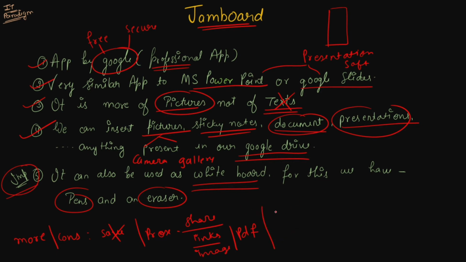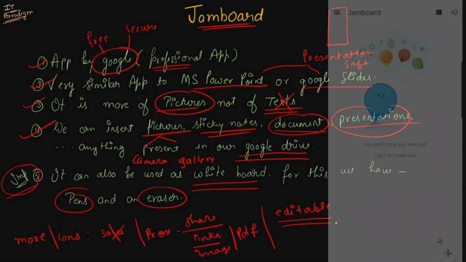The next, we have the utility to create an editable link. What is an editable link? An editable link is a link that you can share with others in order to work together. Like if you want to do group work where everyone is allowed to insert their thoughts or ideas in the same Jamboard at the same time, you can create an editable link. To create an editable link, follow the steps shown on this phone.